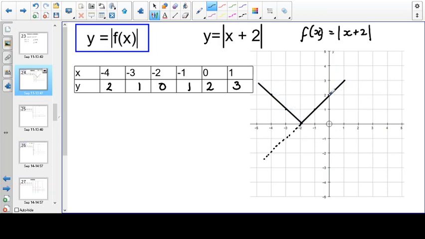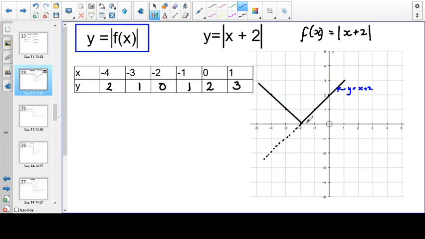So this is the initial part of the graph, y equals x plus 2. But then where it's gone below the x-axis is actually reflected in the x-axis. Now the whole thing is the modulus of x plus 2. But in terms of each separate little stick, this bit is the graph of y equals x plus 2.